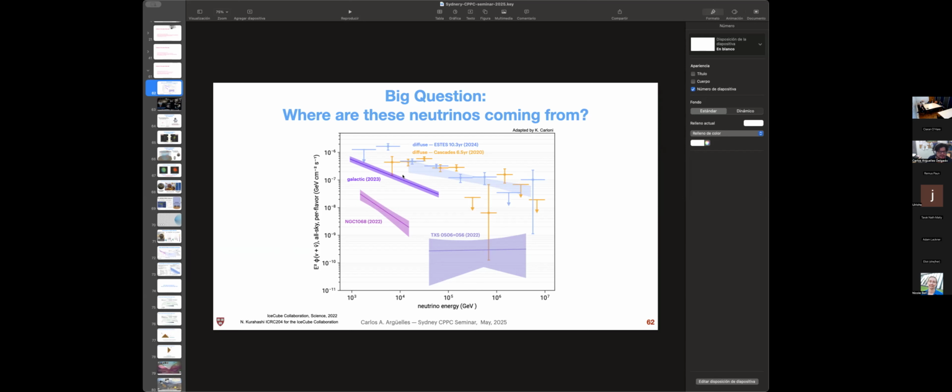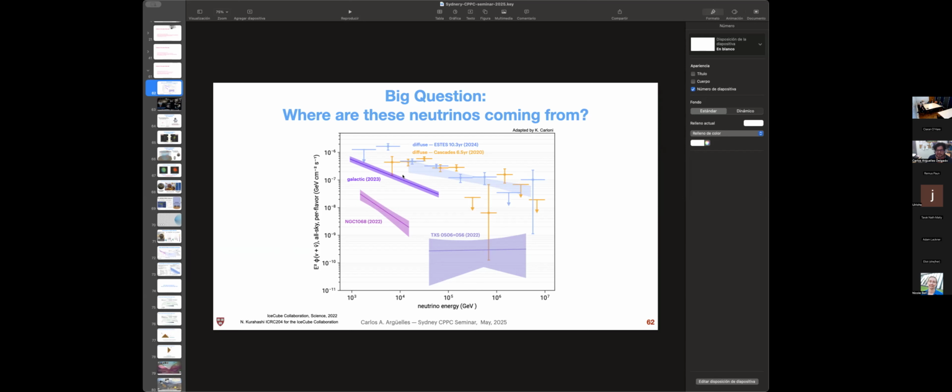Yeah, that's a very good question. And so the measurements of the galaxy, where we use a template based on the pi zero map, if we try to fit that, the flux that we obtain is very compatible with the calculations of just having diffuse neutrinos produced from cosmic ray collisions.